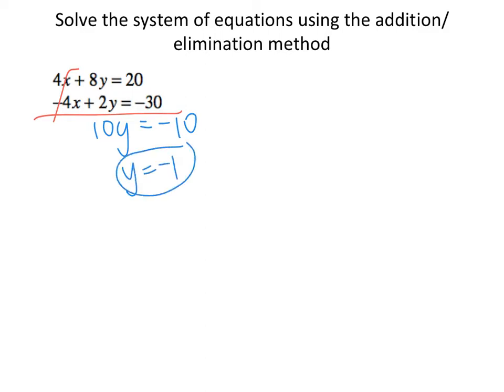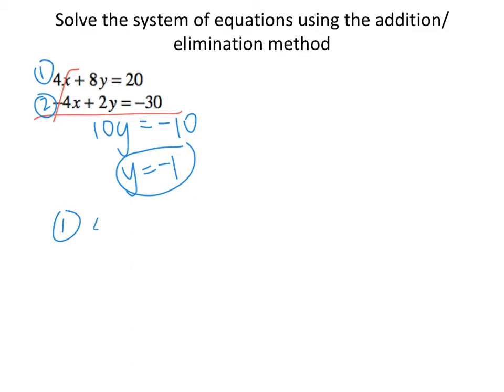From there, I'm going to do what I did in the other method, substitution. I'm going to find my x by substituting this -1 into either of the original equations. The second equation has a bunch of negatives, so I actually might substitute it into my first one. And I did forget to, in the beginning, name my equations 1 and 2. So I'm actually going to sub it into the first equation to avoid negatives.